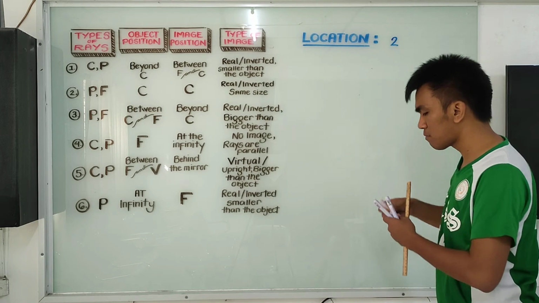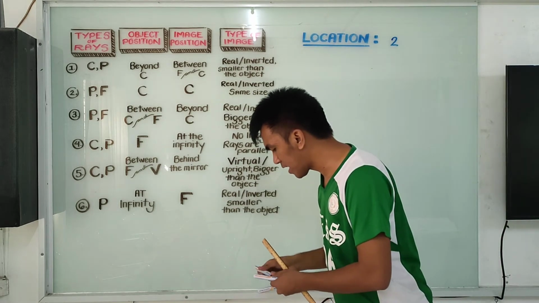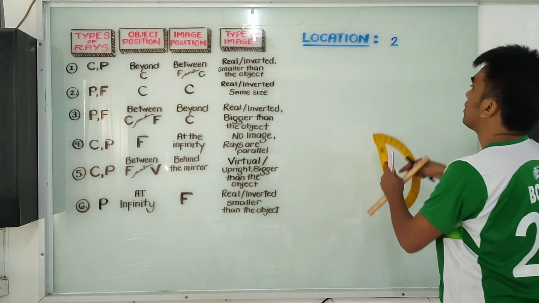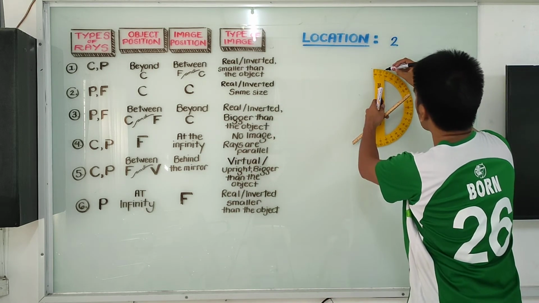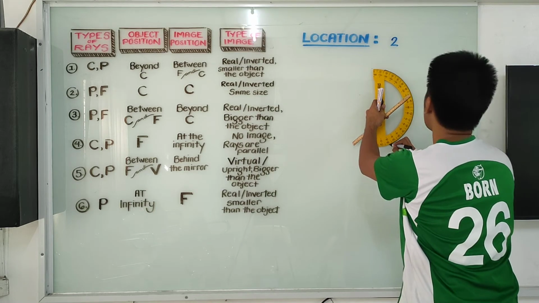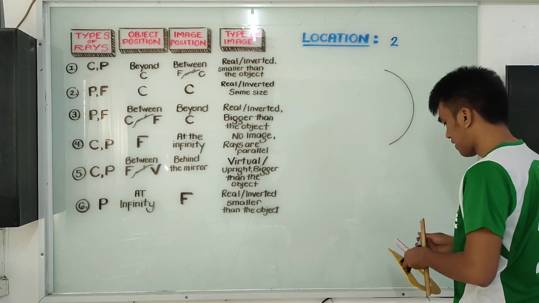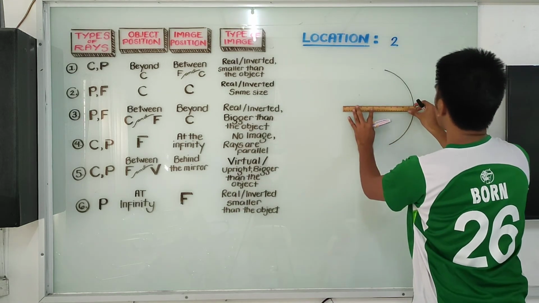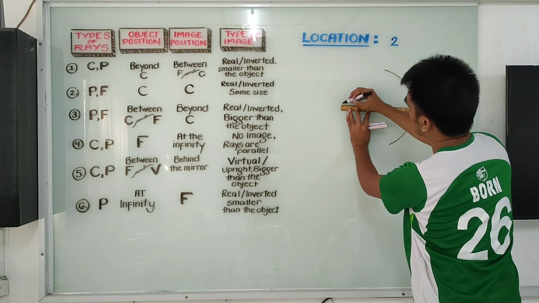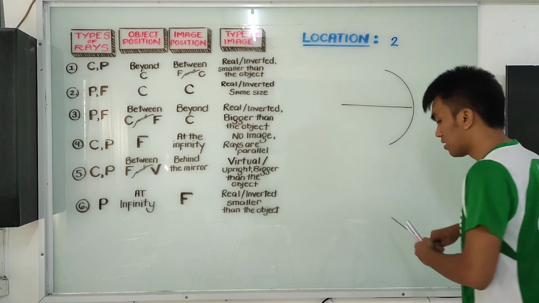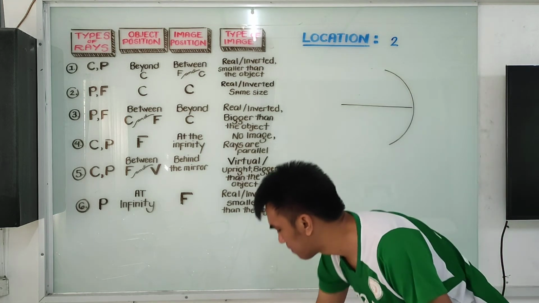So, location number 2. In our second location, the position of the object is located at the center of curvature. So let us illustrate again this diagram and let us label the parts.